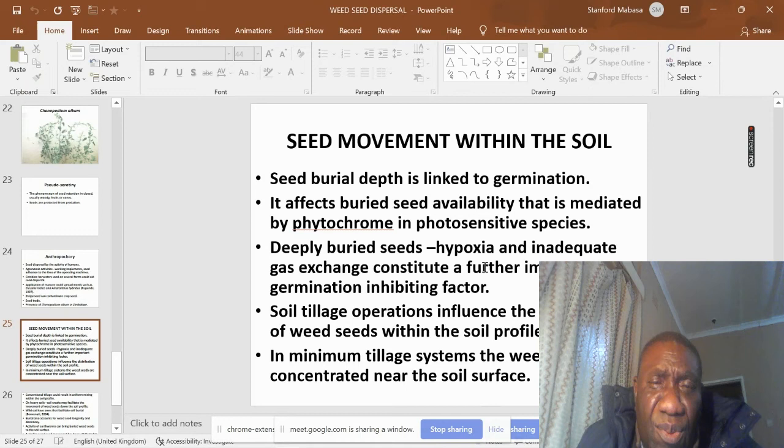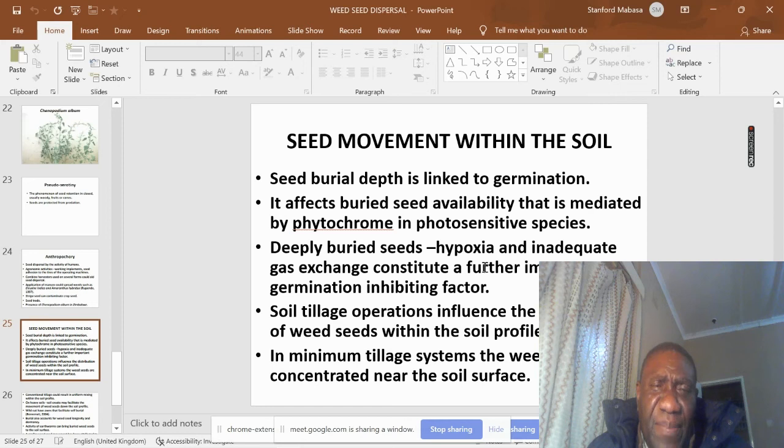Now we're going to focus on the seed movement within the soil. It doesn't give a big influence to seed dispersal. Okay, we may have seed burial depth, which is linked to germination.